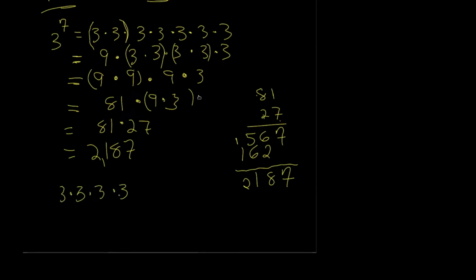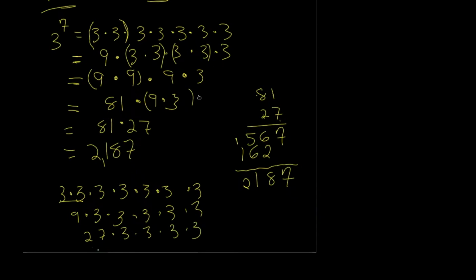The way most people first do this is they'll look at this, 1, 2, 3, 4, 5, 6, 7, and they'll do 3 times 3 and get 9. And then they'll do 9 times 3 and get 27.